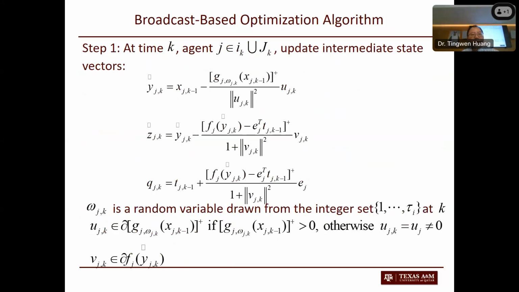Step 1, at time k, agent j is in jk. Update intermediate state vectors as this. Now, omega is a random variable drawn from the integer set at this time.